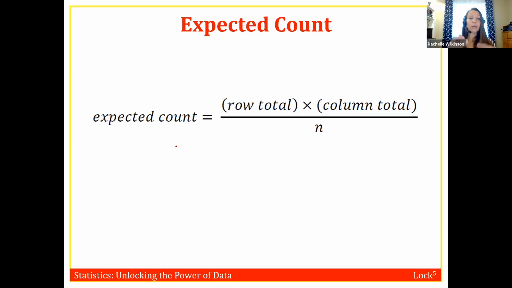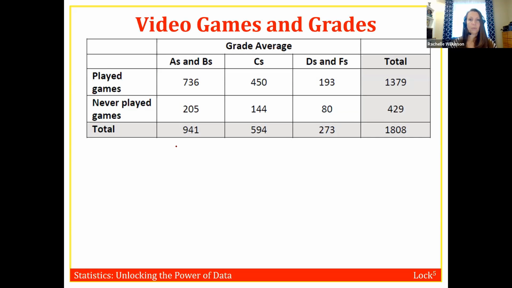All right, and now we're going to take a look at this with our example that we're looking at here with these grades and video games. All right, so first step is going to be to compute those expected counts for all the cells in our table. So I'm going to start right here with this first cell. I have kind of a little naming system, I guess you could call it. I call them E, right, for expected count.